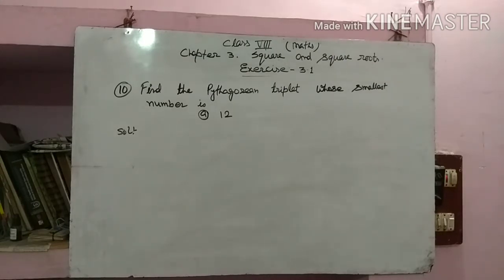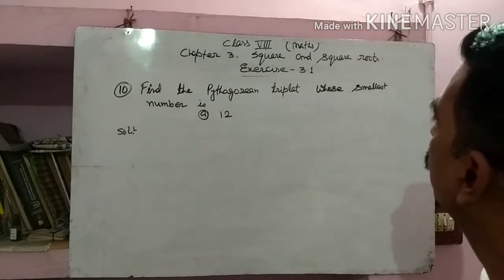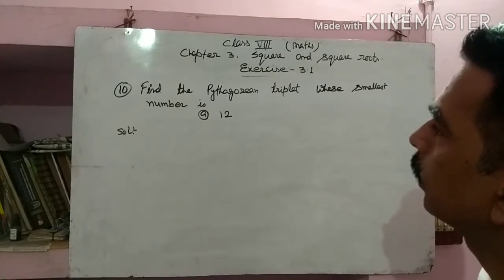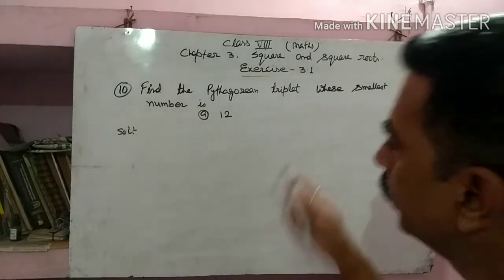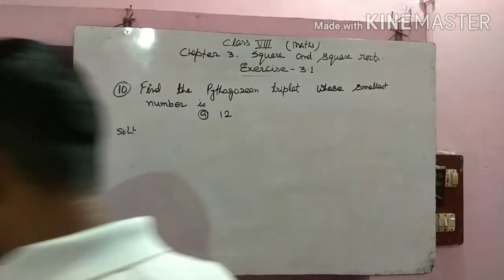Our next question is: find the Pythagorean triplet whose smallest number is 12. Means 12 is given, the smallest number is given.